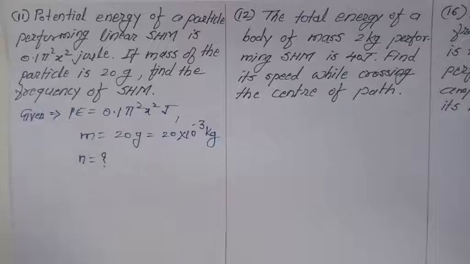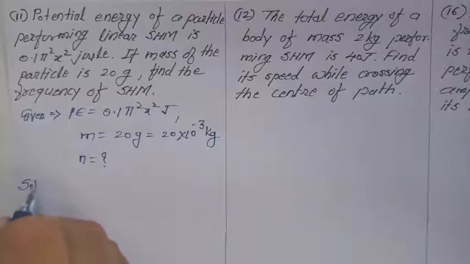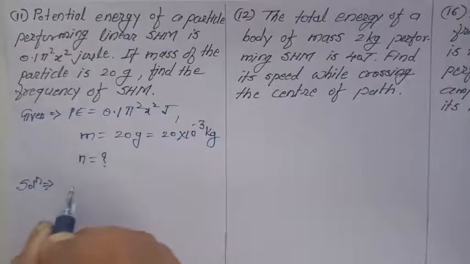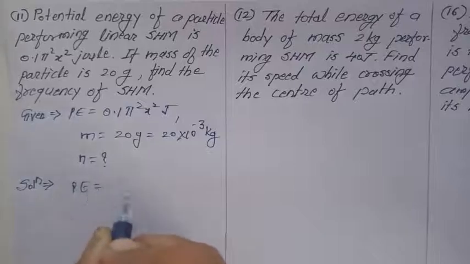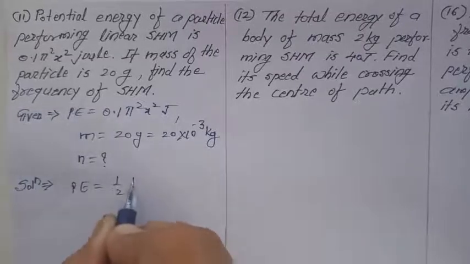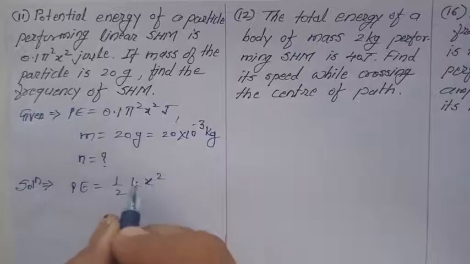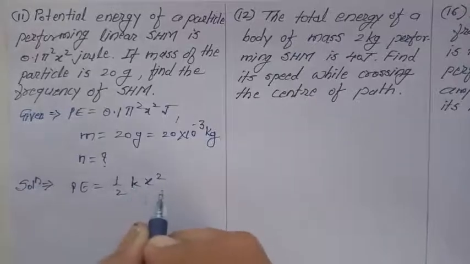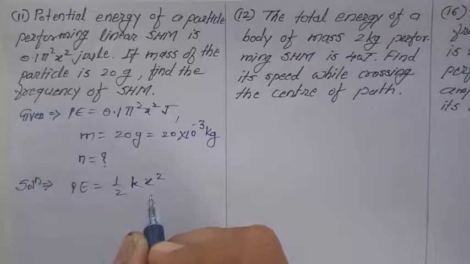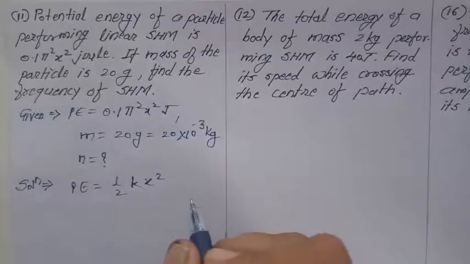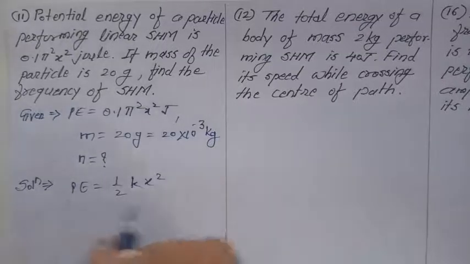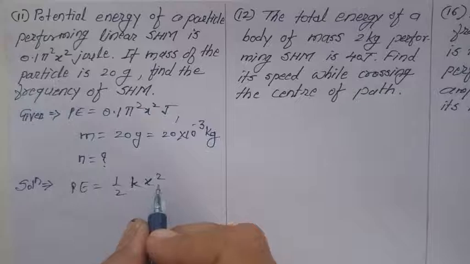So what is the formula for the potential energy in the given solution? I must write the formula for potential energy, that is half k into x square. Formula for total energy half k a square. Formula for kinetic energy half k (a square minus x square), and for potential energy half k into x square.